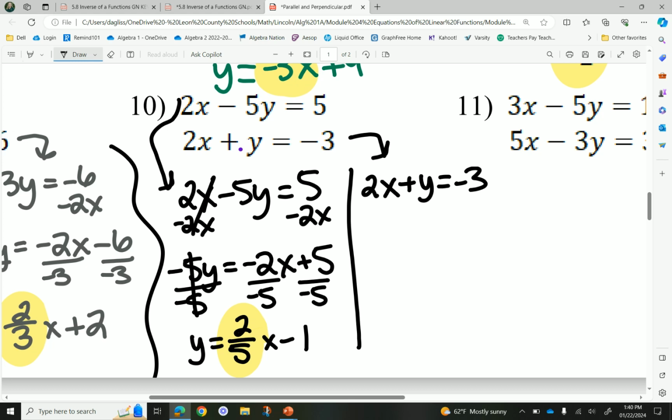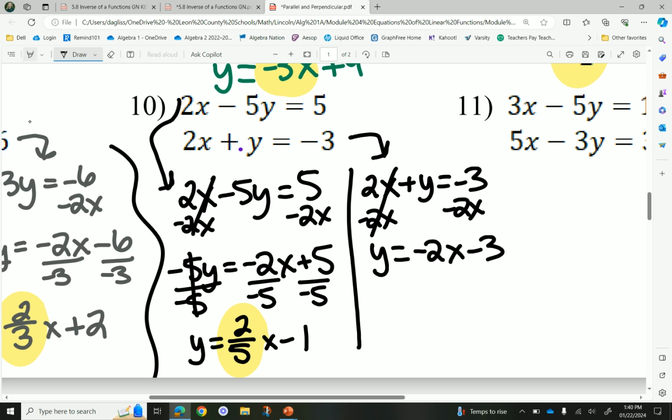How am I going to move 2x to the other side? Thank you, subtract. So we have y equals negative 2x minus 3.